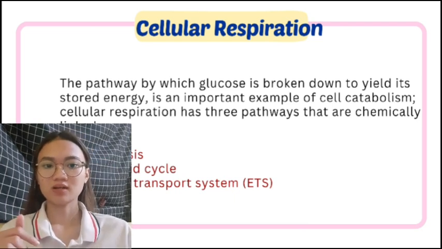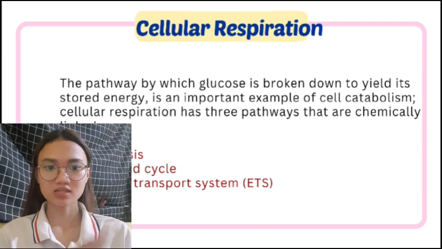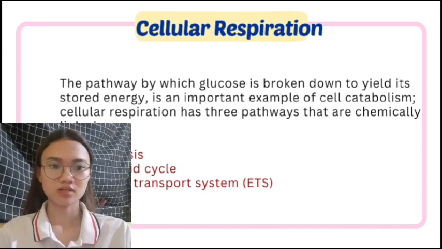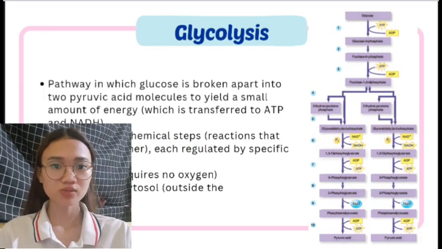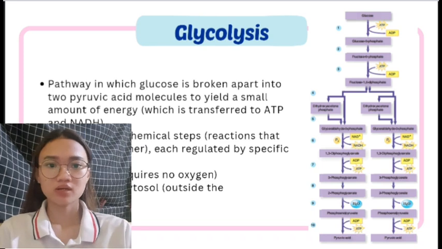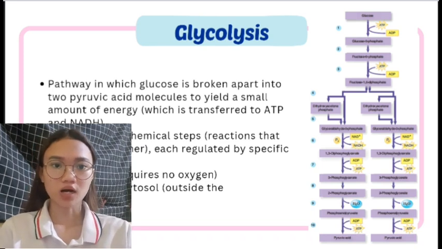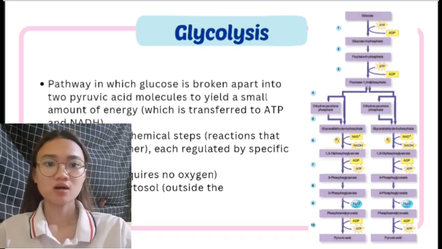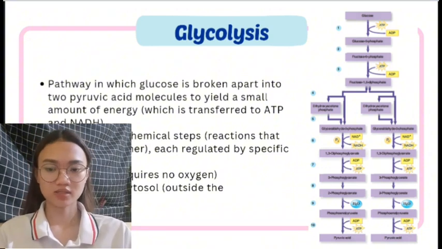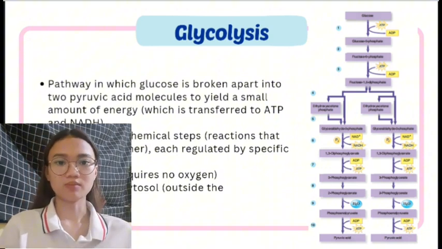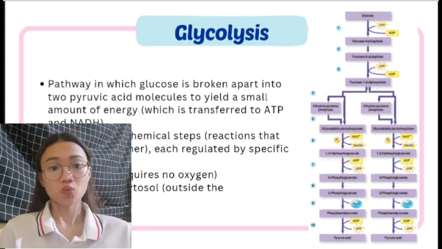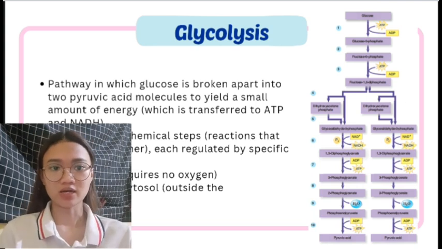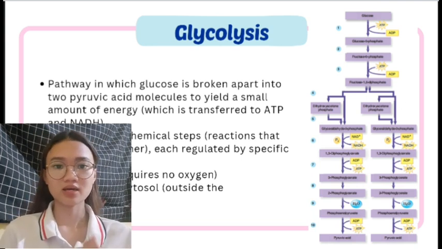We have glycolysis, citric acid cycle, and electron transport. So, sa glycolysis, it is a pathway in which glucose is broken apart into pyruvic acid molecules to yield a small amount of energy, which is transported by ATP and NADH.